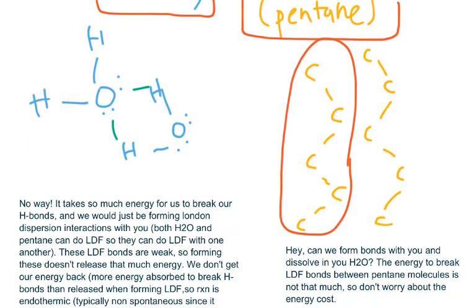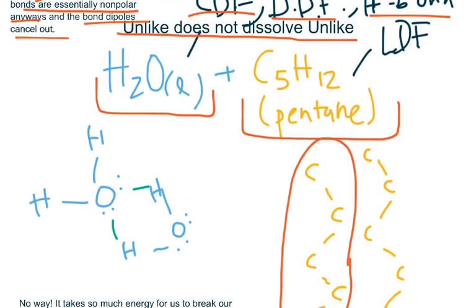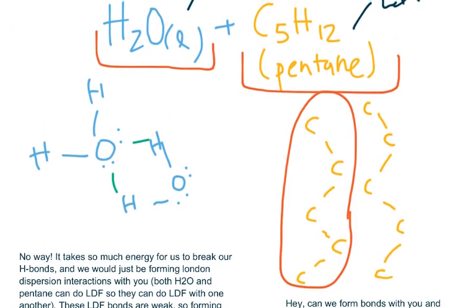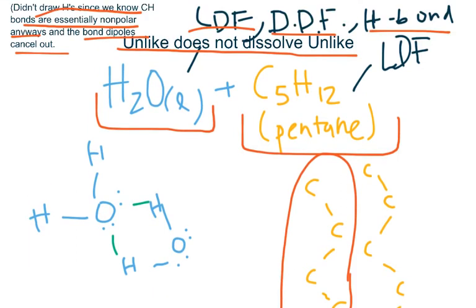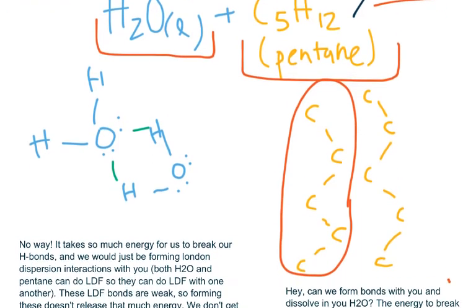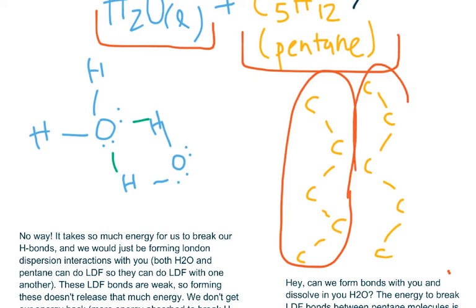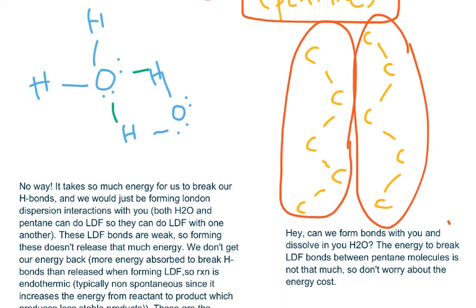So for this diagram, we can see that C5H12 will be essentially nonpolar, so C5H12 will only have LDF forces between other C5H12. So for example, these two C5H12s might have some LDF going on because perhaps this side could be partially negative and this side could be partially positive, and that would form an LDF.